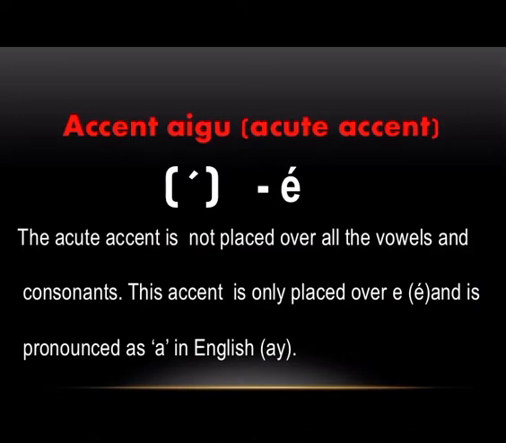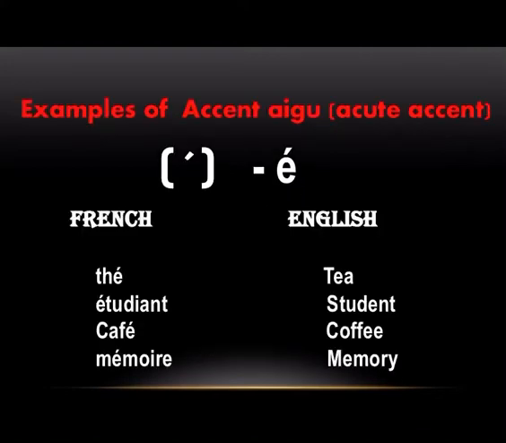First one is accent aigu, acute accent. This accent is not placed over all the vowels and consonants but over the letter E, and when it is placed over E, it is pronounced as A in English, the way we pronounce the letter A. You'll have a better idea about the pronunciation of acute accent from the following examples.